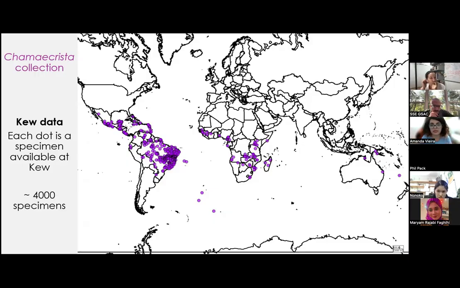So this clade diversified in the Neotropics, especially in America, so that's why we have more dots concentrated here, especially in Brazil, where we have lots of groups working with this genus. We also have a high diversity of Chamaecrista in Brazil. That's another reason why I chose this plant genus. I think more than 200 species occur in Brazil, maybe 250.